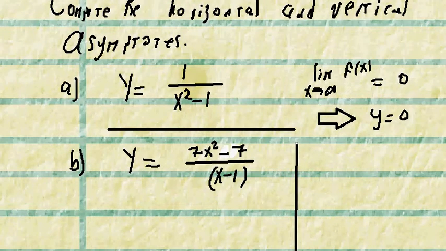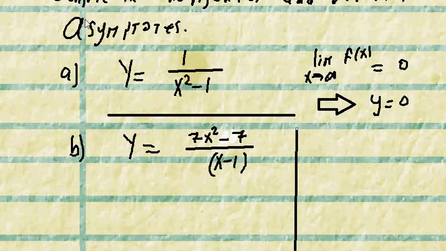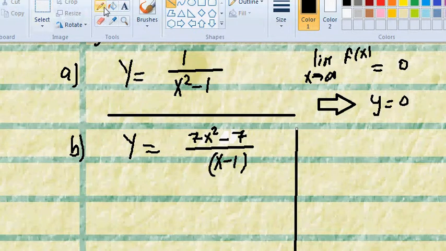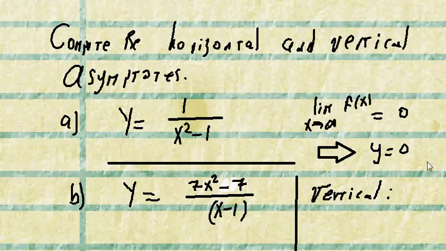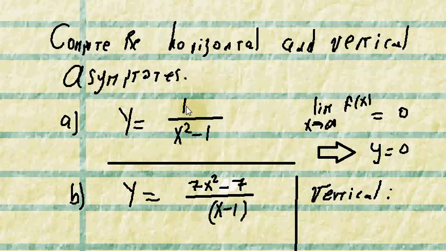Now, vertical asymptotes. What I notice is that I have no x's in the numerator, I just have the number 1. So I factor the denominator.